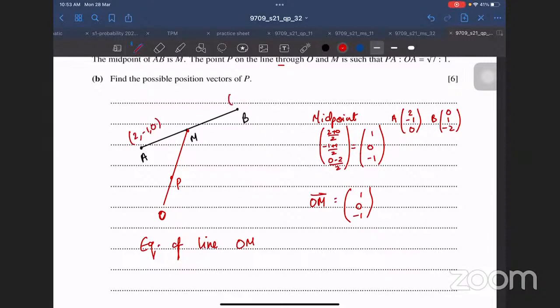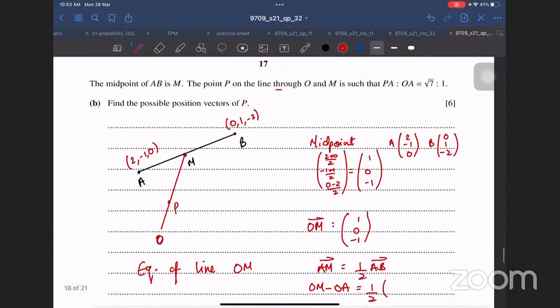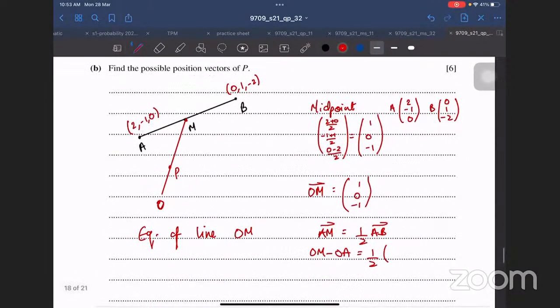Okay, that makes sense. If you use AB, you'll have to write AM equals half of AB, then break down AM into OM minus OA. मैंने AB निकाला ही नहीं है. Okay, I've avoided calculating AB altogether. Answer same ही आएगा. You can do it this way as well.